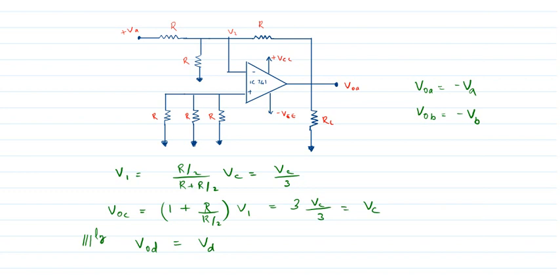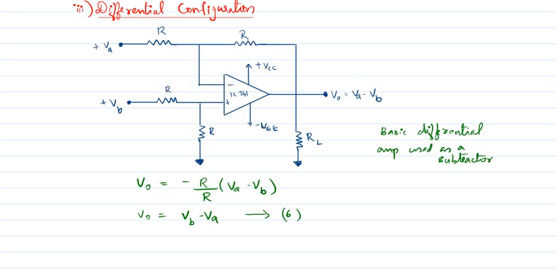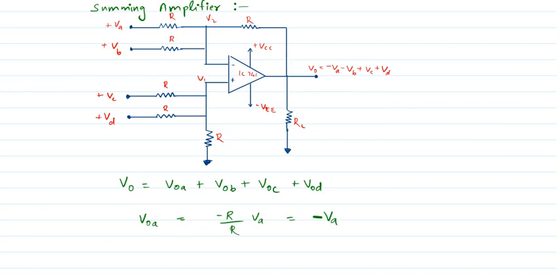So we got all the output voltages by giving only one input voltage at a time and grounding all the other input voltages. Now we can find out the total output voltage V0. V0 equal to VOA plus VOB plus VOC plus VOD, using the superposition theorem.